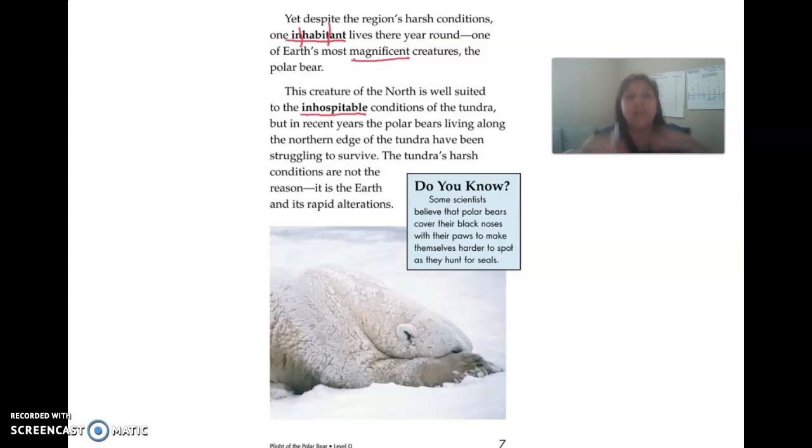If you look at it, it's hospitable. Inhospitable means that it's not affecting the area correctly, meaning that the polar bears aren't able to live in this area greatly.